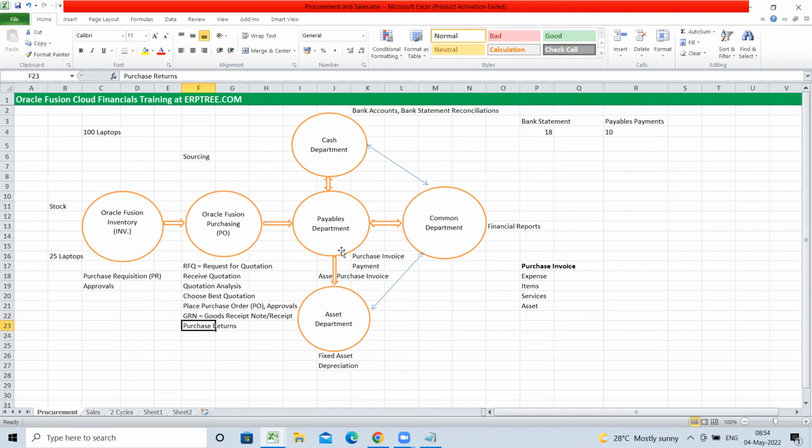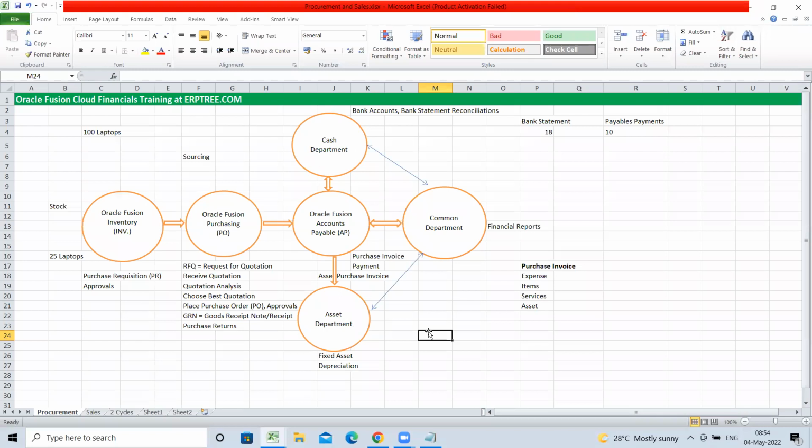And what is the payables department doing? The payables department is creating the purchase invoices based on the GRN information, and they are processing the payments as per due dates. So to create the purchase invoices and to process the payments, we have an application from Oracle that we call Oracle Fusion Accounts Payable, AP.